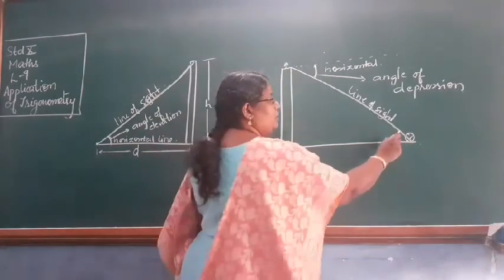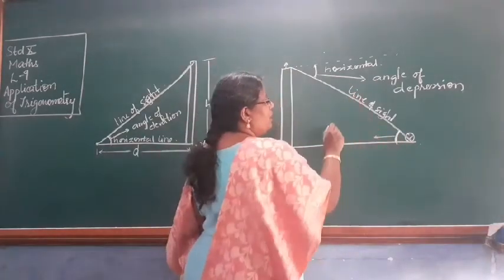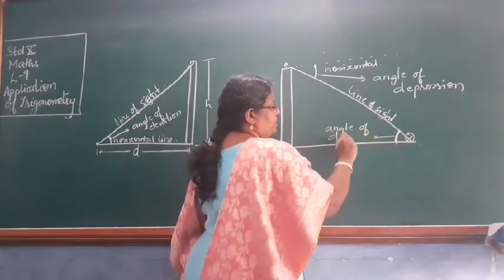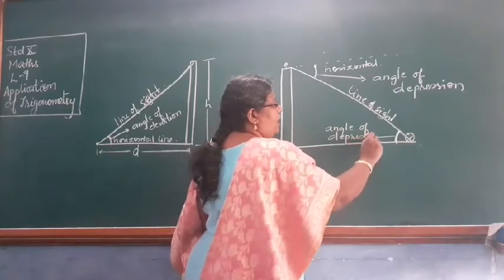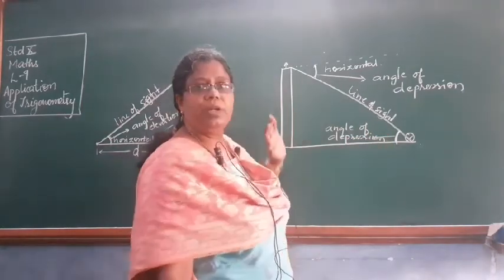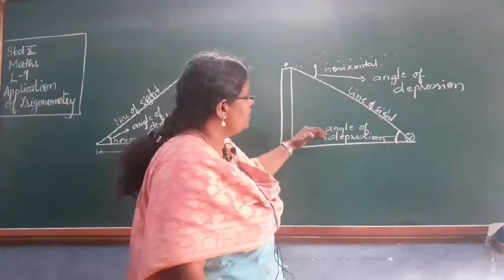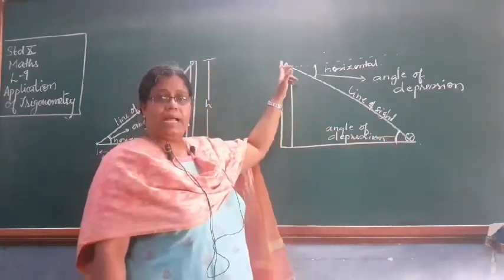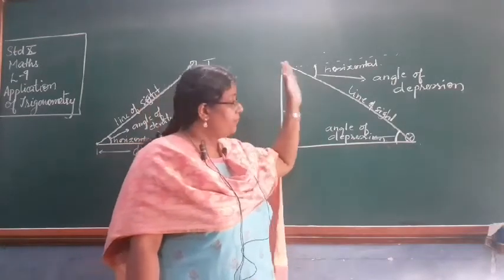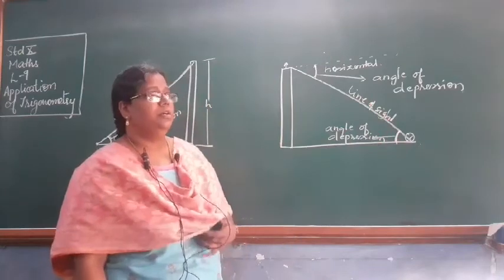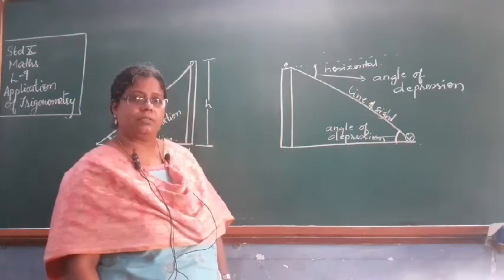So this will also be equal to the angle of depression, because we are asked to find the values with respect to a right angled triangle, isn't it? So this becomes the angle of depression when the observer is somewhere at the top, and from there he or she is observing any object on the surface of the earth.